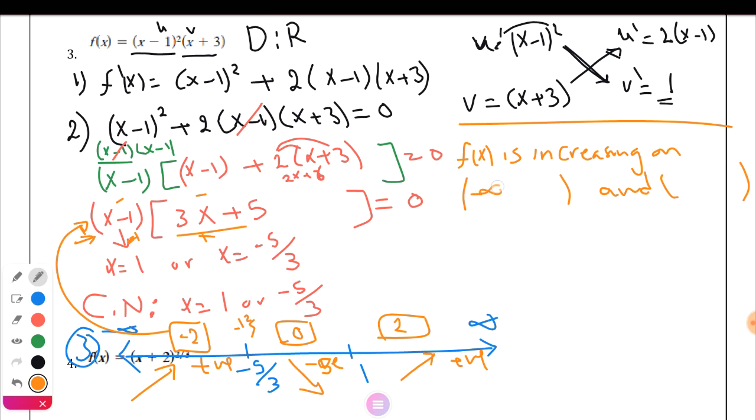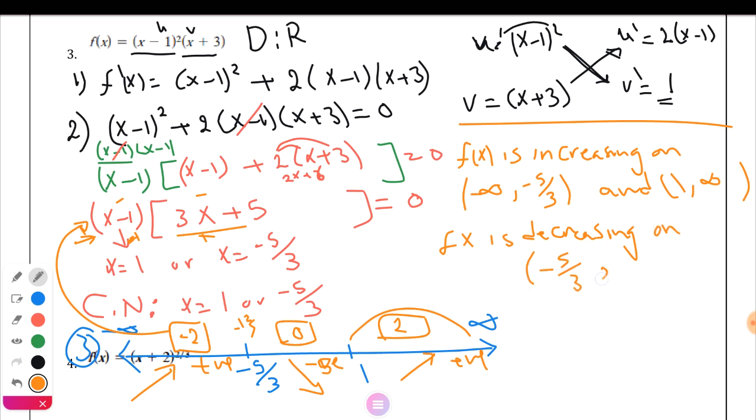Negative infinity to -5/3, and what else? Increasing on 1 to infinity. f(x) is decreasing on what? -5/3 to 1.